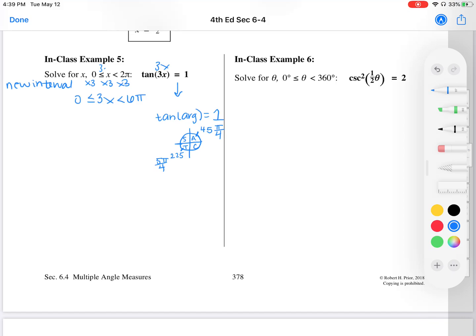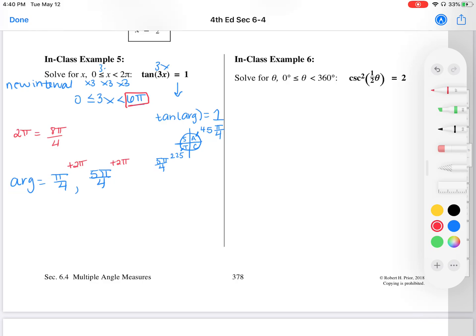All right, so we have our arg is equal to pi over 4 and 5 pi over 4. But we said that we wanted to go all the way up to 3 revolutions, right? So let's go ahead and add 2 pi to that. Now, since we have a denominator of 4, 2 pi would be the same thing as saying 8 pi over 4, right?